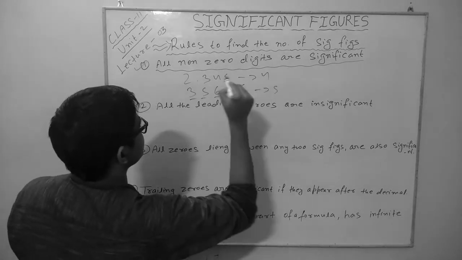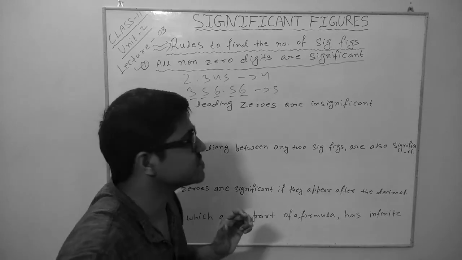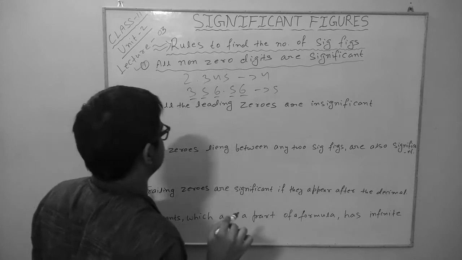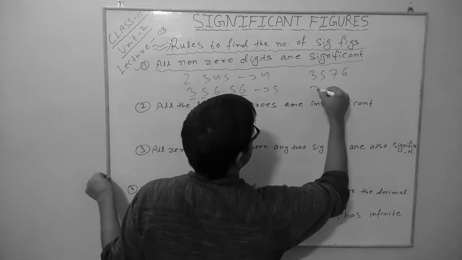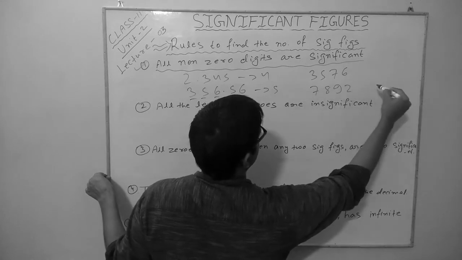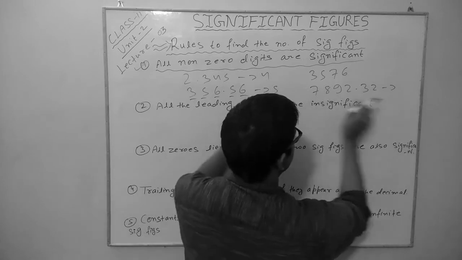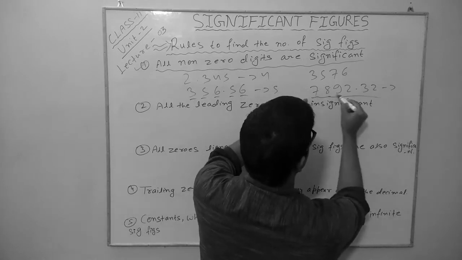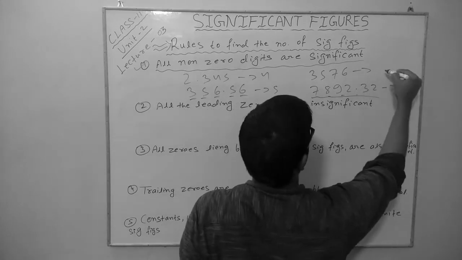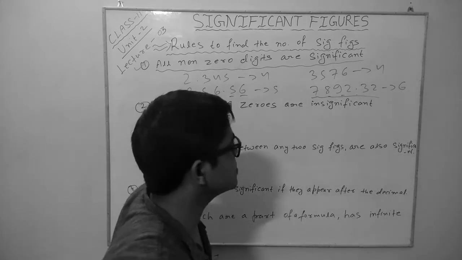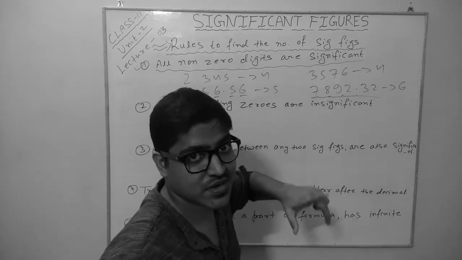Because there are 5 non-zero digits, and all non-zero digits in a reported value, in a measured value, are always significant. Or 3576, or 7892.32. This number has 6 significant figures, and the other number has 4 significant figures. Of course, all these numbers are measured values. Clear?